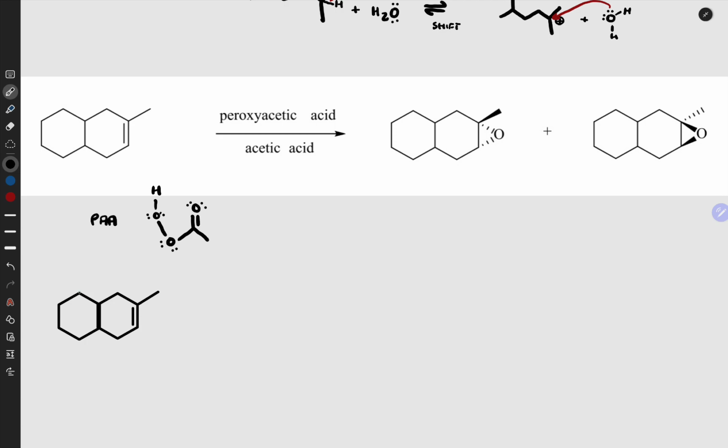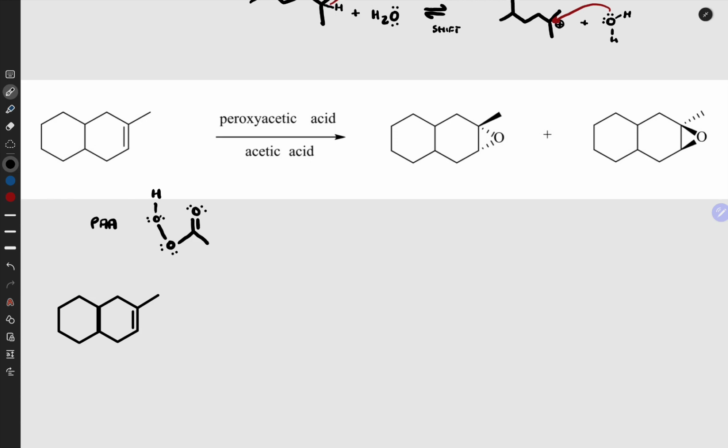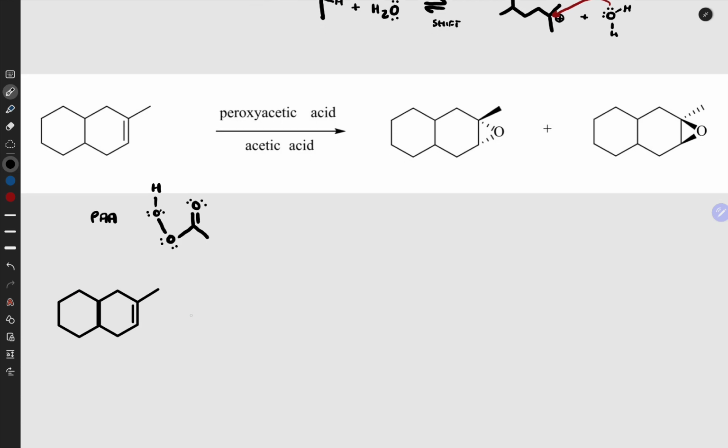I want to make note before I get too deep that this right here and this right here are sp2 and sp2 hybridized carbons, therefore making it trigonal planar. It's flat in layman's terms.